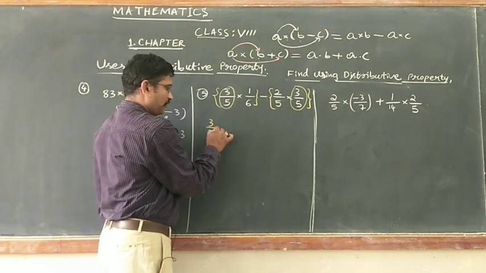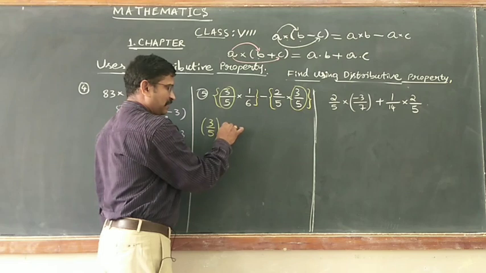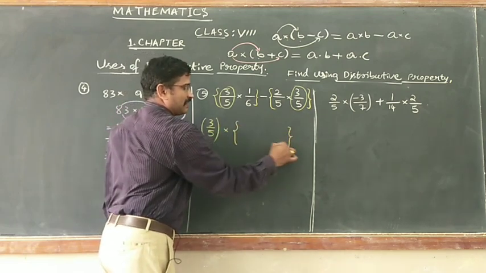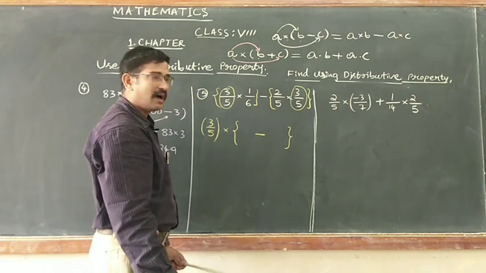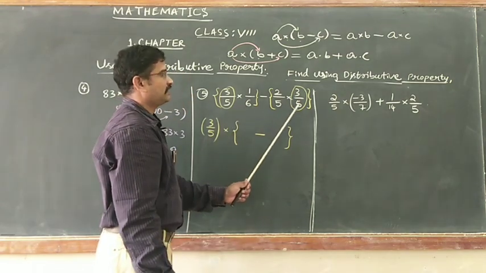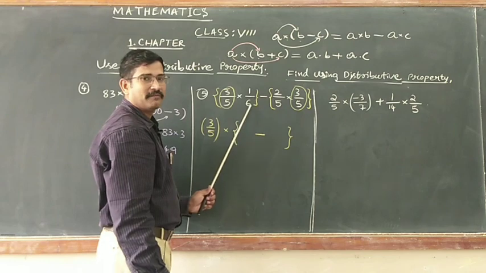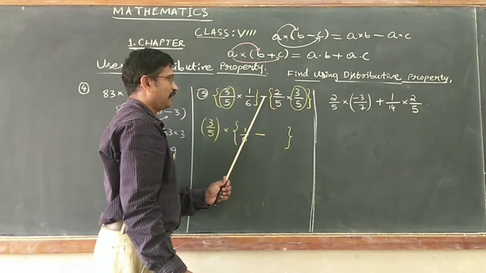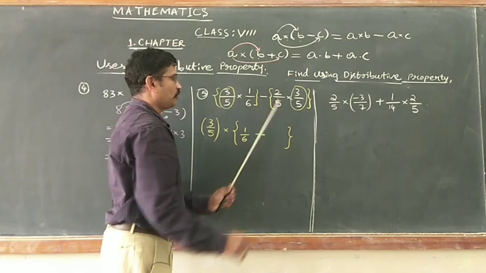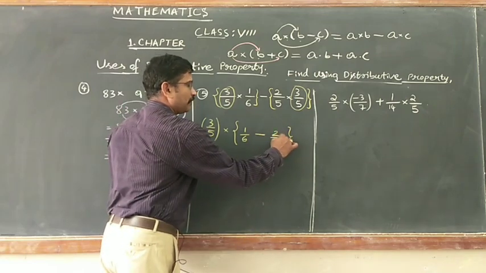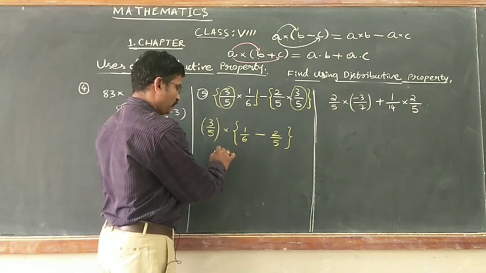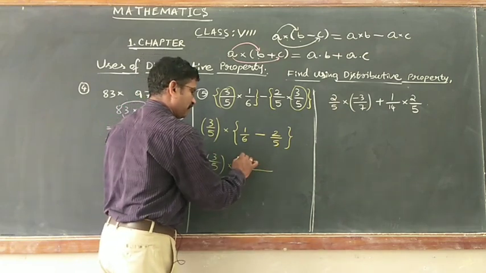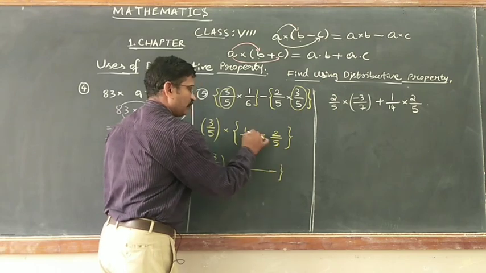So, 3 by 5 after coming out multiplies to the difference of leftover rational numbers, 1 by 6 here, minus here leftover is 2 by 5. So, 3 upon 5 is multiplied to the difference of 1 by 6 and 2 by 5.